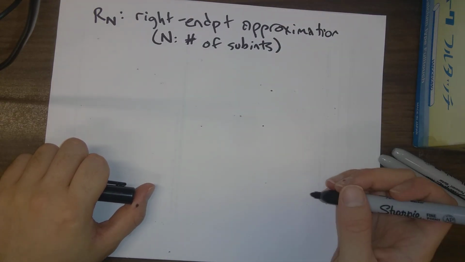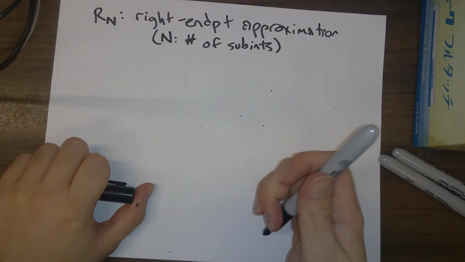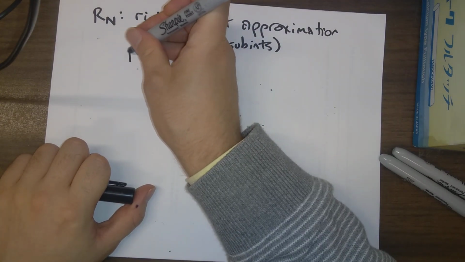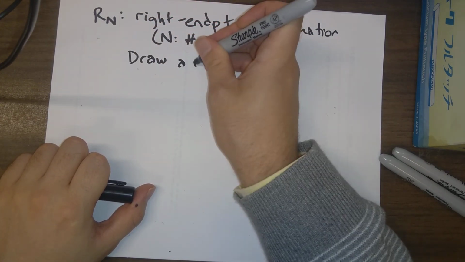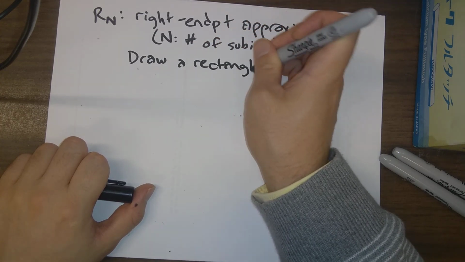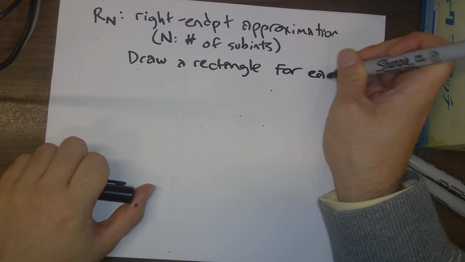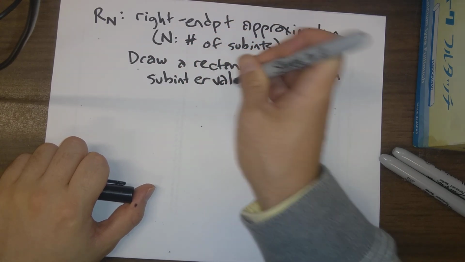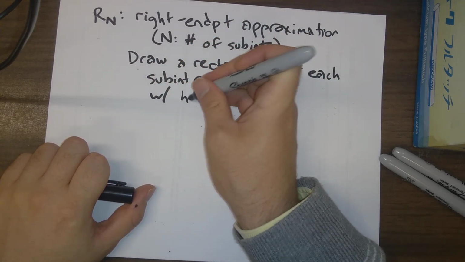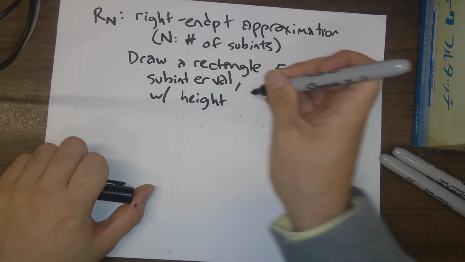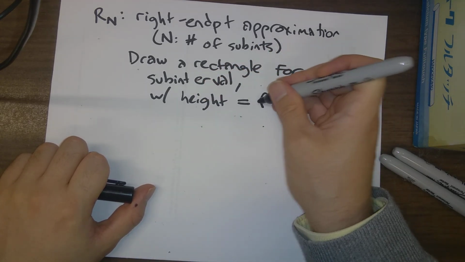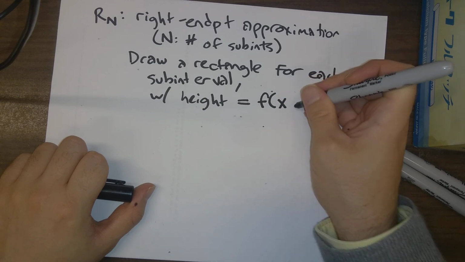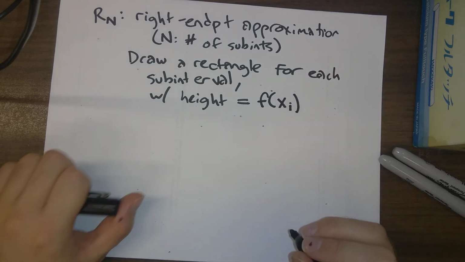The method for coming up with this right endpoint approximation is to draw a rectangle for each subinterval. The height of the rectangle is equal to f of x sub i.